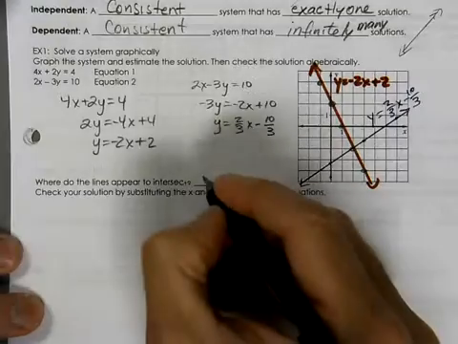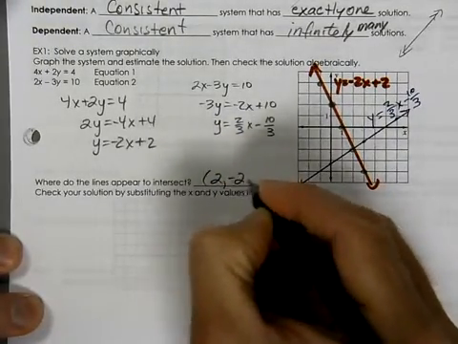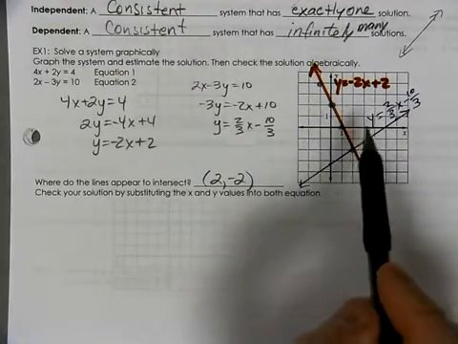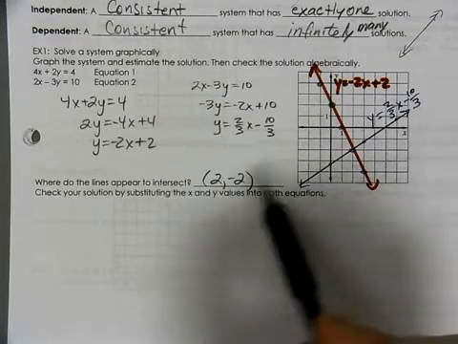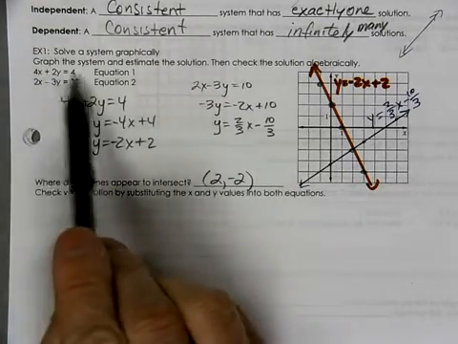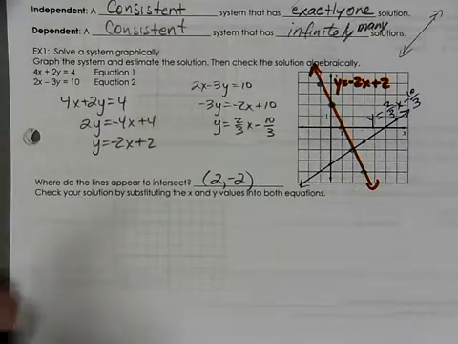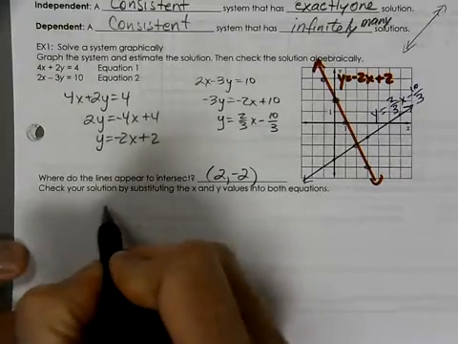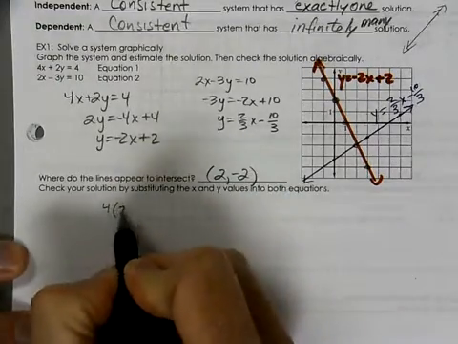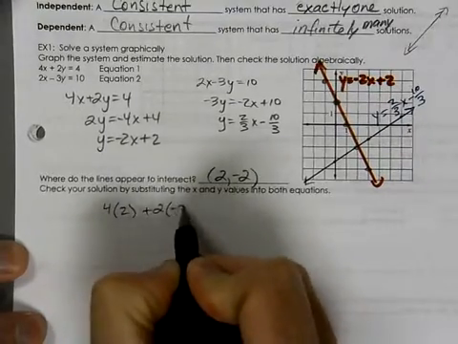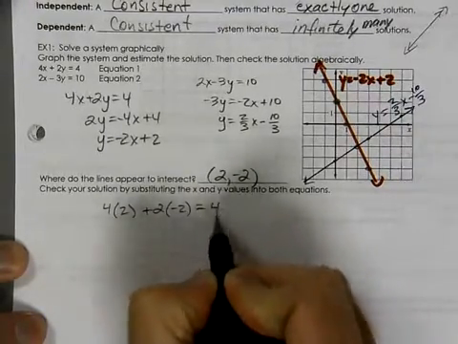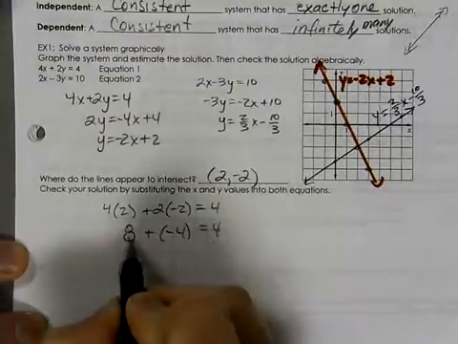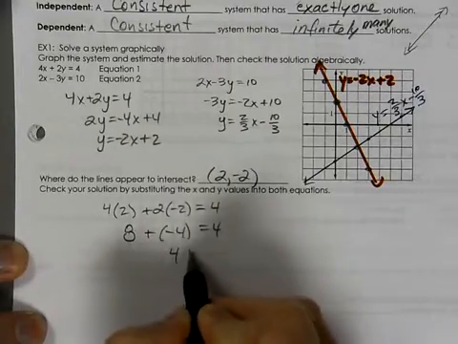So it appears that our solution of (2, -2) is a solution of our system of equations. That's a spot where if you plug in (2, -2), both equations would be true. Let's test that out. We're going to plug in our x value of 2 and our y value of -2. 8 and -4 give us 4.